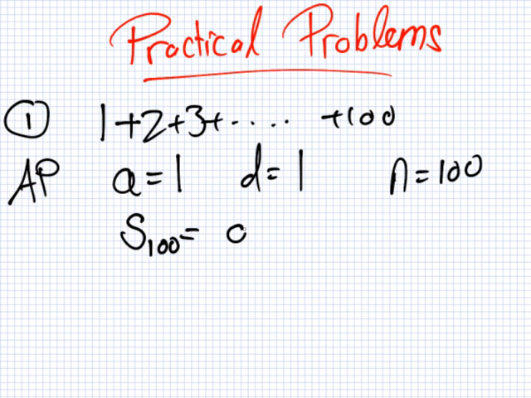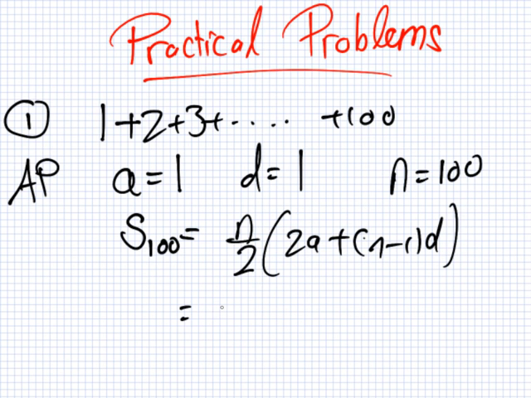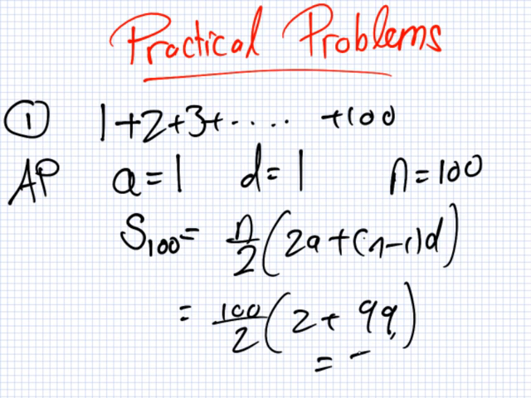So the formula is, nope, not that one, n over 2, 2a plus (n minus 1)d. So here that would be 100 over 2, 2 plus 99 times 1, which would be 5,050. 50 times 101.